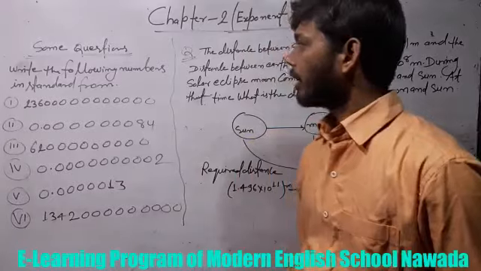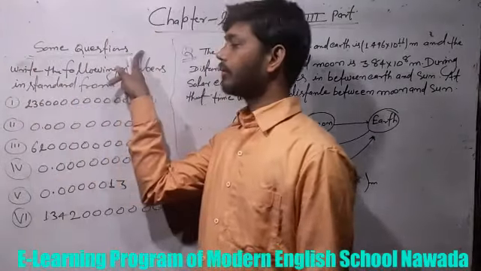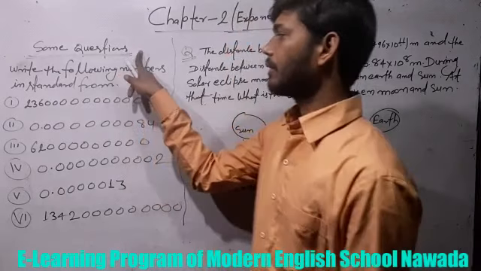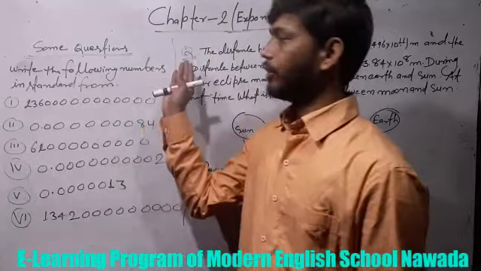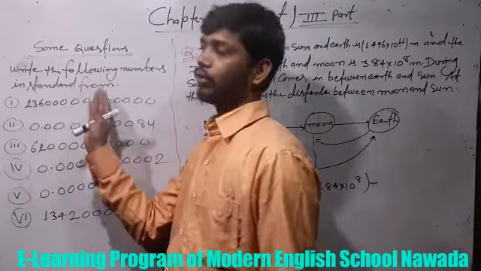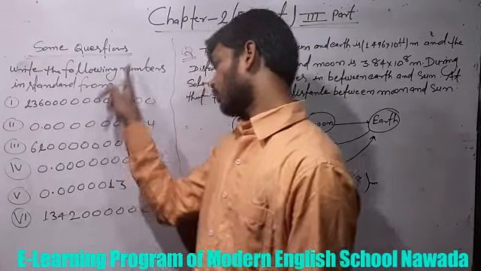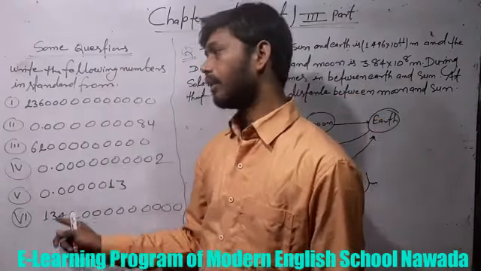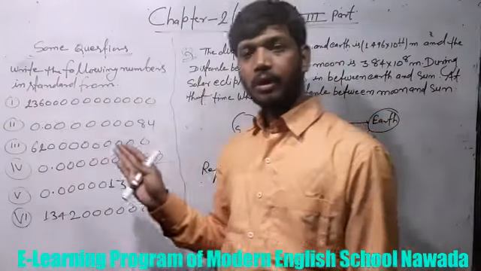Students, now I write here some questions for you to solve. Write the following numbers in standard form. You have to complete this homework as I explained in the chapter.